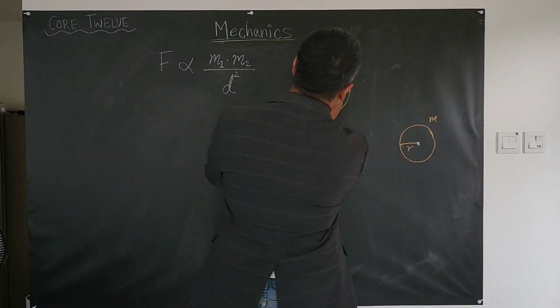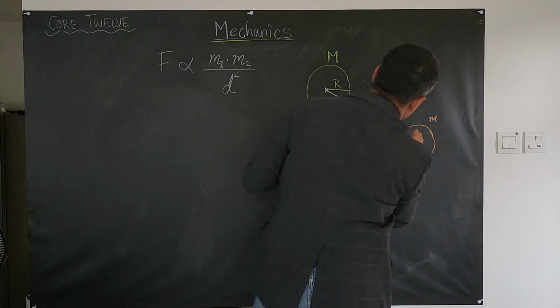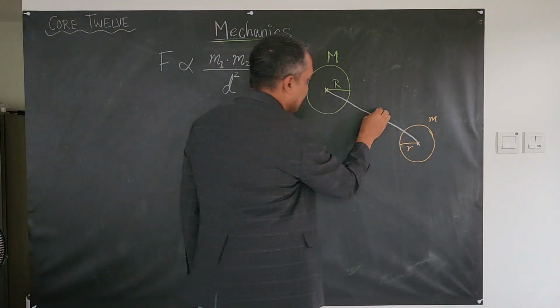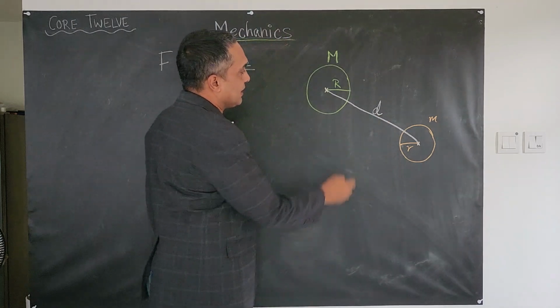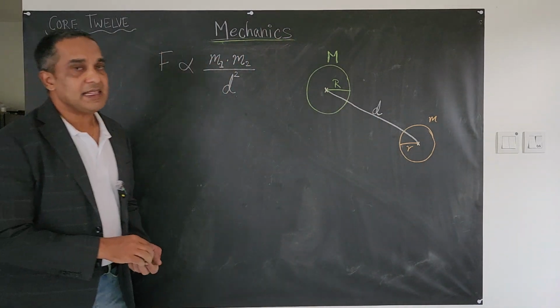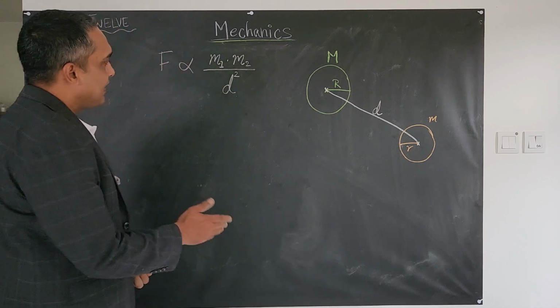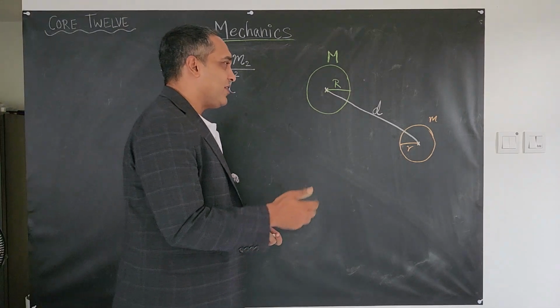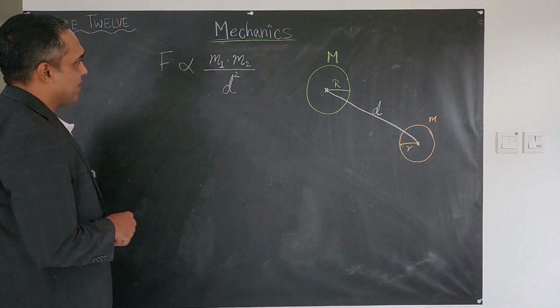We have to be very, very clear because that is where problems can confuse you. This is the distance. The distance is not from the surface. They can set up some problems where it appears a little interesting, where they unnecessarily give you d greater than or equal to r and all that.